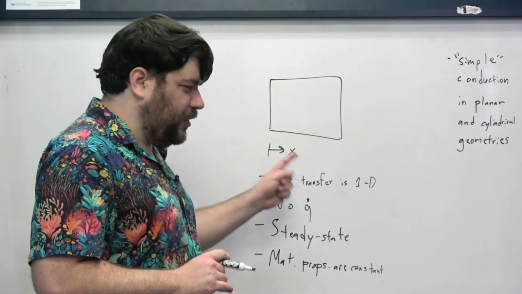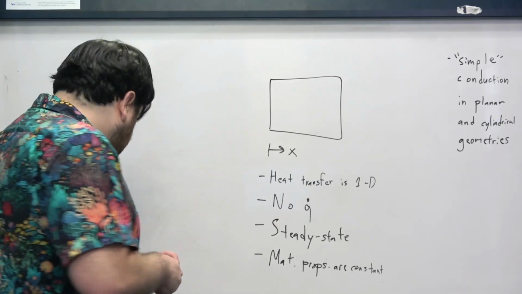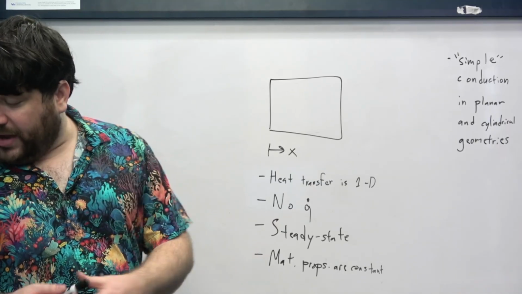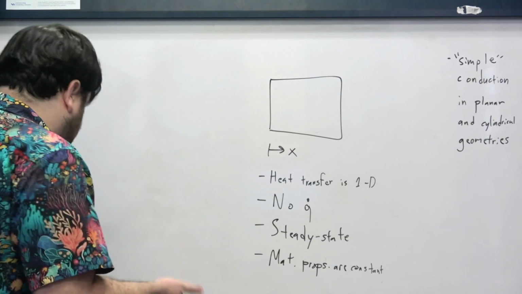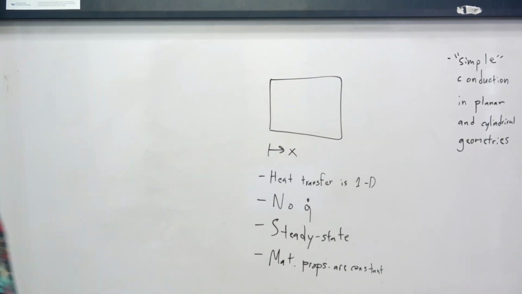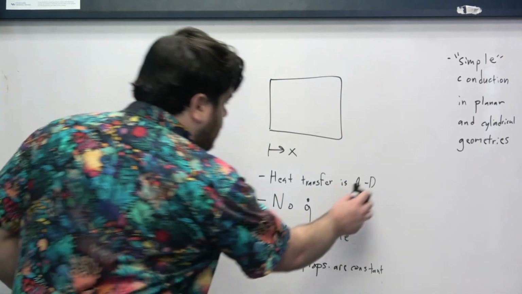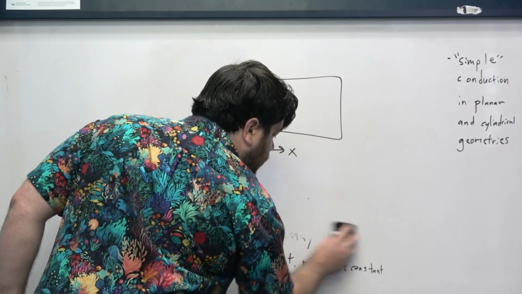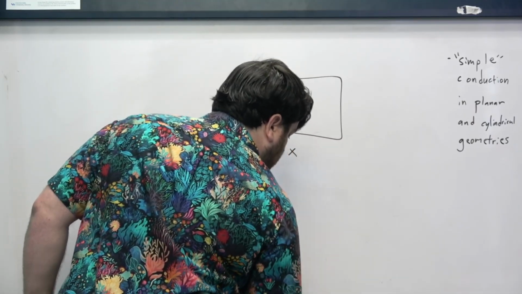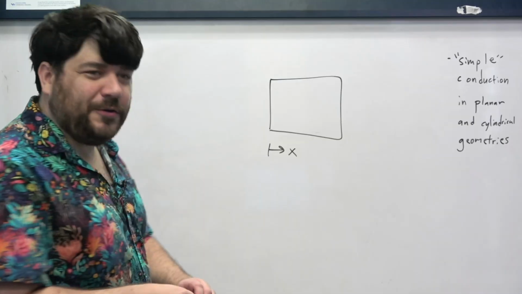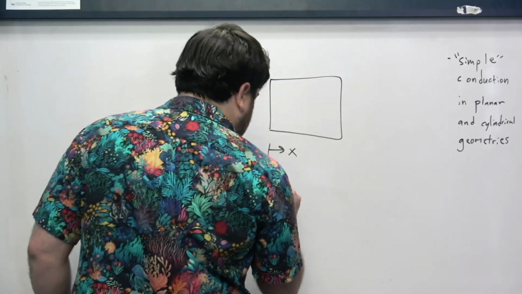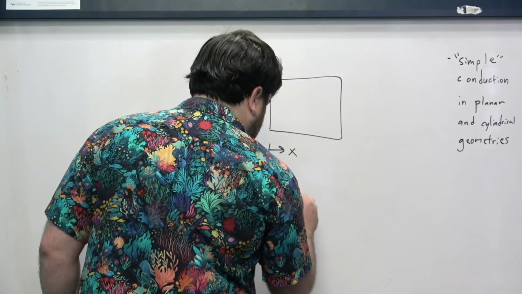All right, so these are the four assumptions. If we do that, we will wind up observing that the heat equation actually simplifies down into a very simple second-order differential equation. Perhaps the simplest second-order differential equation, which is just this.